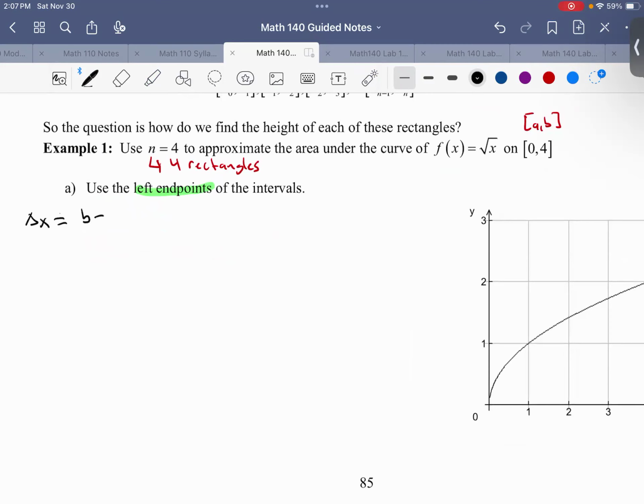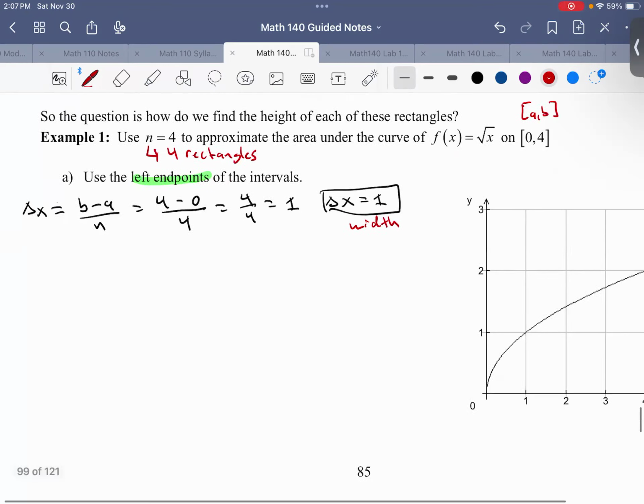Remember the formula is b minus a over n. Our b here is 4, A is 0, over n, which is 4 rectangles. So this is 4 over 4, and that's just 1. So delta x equals 1. And remember, this is the width of each rectangle.